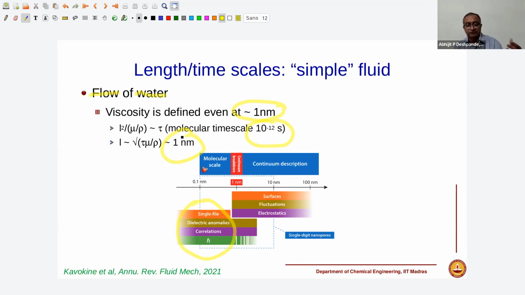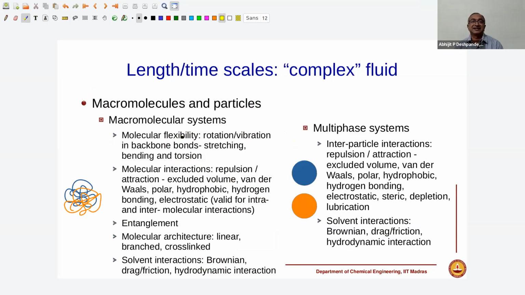But when we look at the complex materials that I have given you the examples of, we are looking at macromolecules and particles which span several length scales and several time scales. And this is because the physicochemical interactions and the mechanisms which are responsible for the mechanical response of these materials are quite diverse.